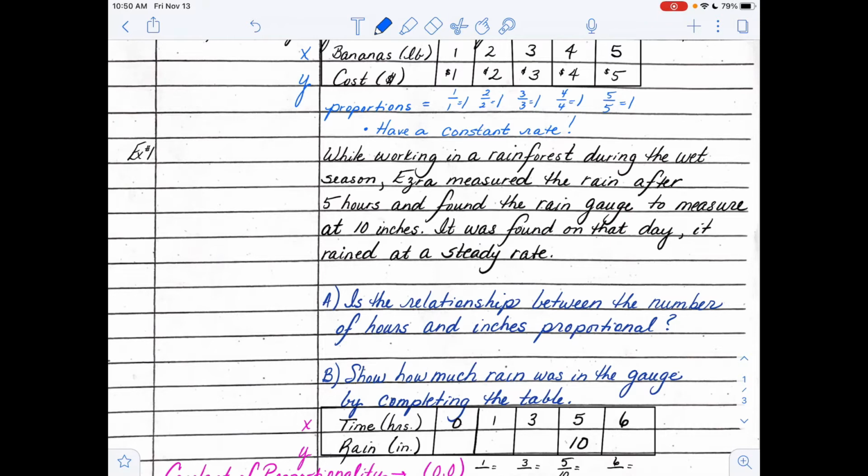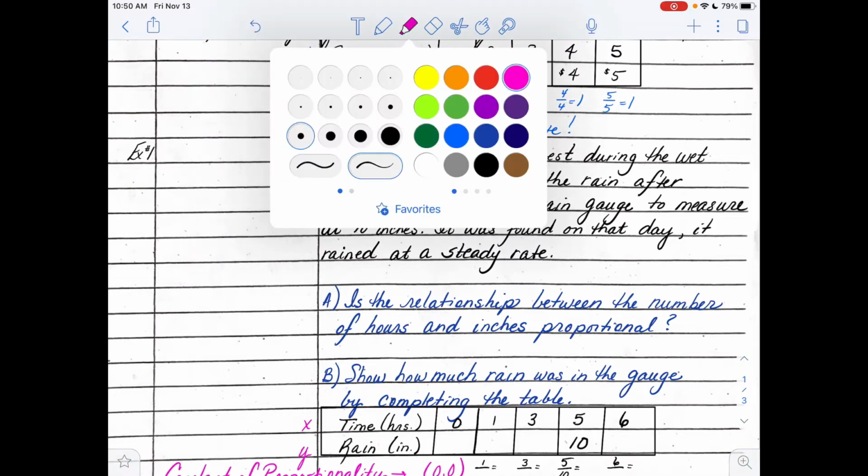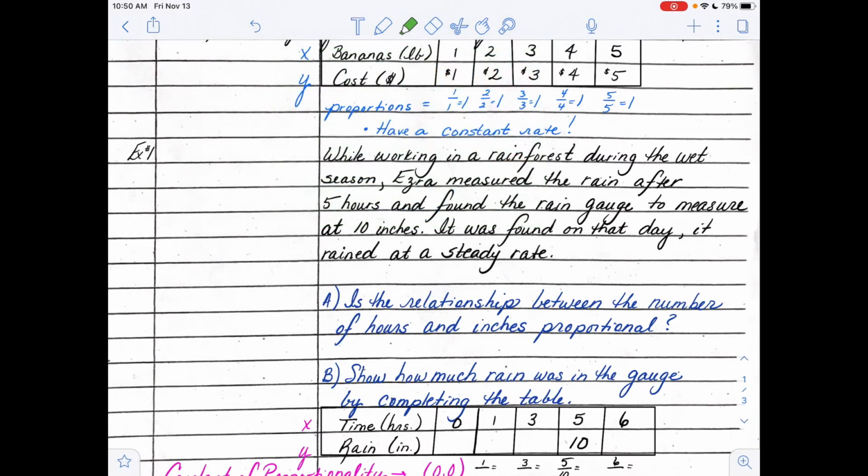Well, I get so many students going, I don't know. They don't give me much information. But they actually give you a huge piece of information. And that's right here, in that last sentence: it was found on that day that it rained at a steady rate. If it was a steady rate, that means it was a constant rate through the day.